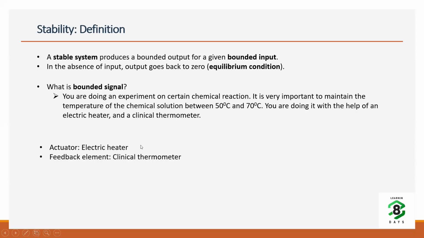The feedback element in this case is a clinical thermometer. It measures the temperature. Who is the controller? The person involved in the experiment, in this case you or whoever is doing the experiment. These are the three basic components of a closed loop control system, right?